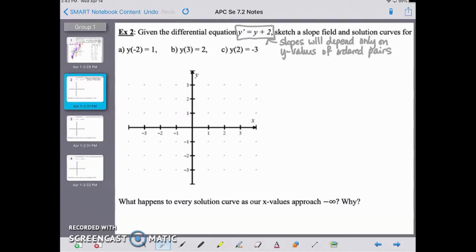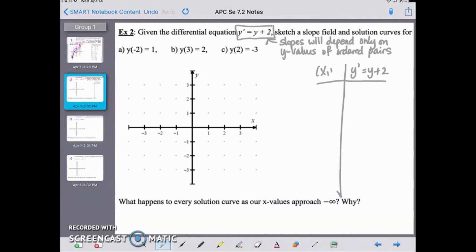In examples after example 2, we will have differentials where our slope depends on both x and y, and then you'll see how that makes graphing a slope field a little bit more complicated. So for this one, I'm going to do what I did in the previous problem. Right, I'm going to create this table here, and I know that my slope, my y prime, is going to be equal to my y value plus 2.